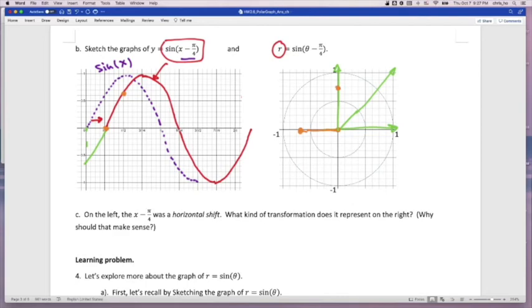Let's keep going with the green vector. Now the green vector rotates to 3 pi over 4, so that would be in this direction. What is the r value? The r value is 1 right here, so it's going to be here.